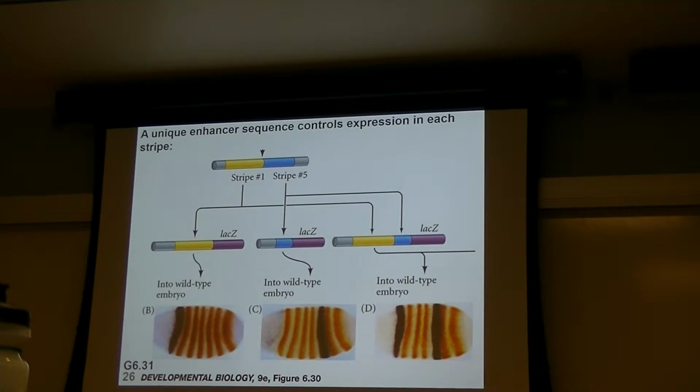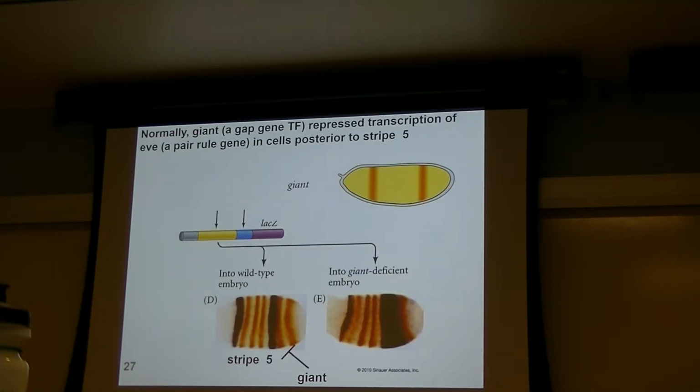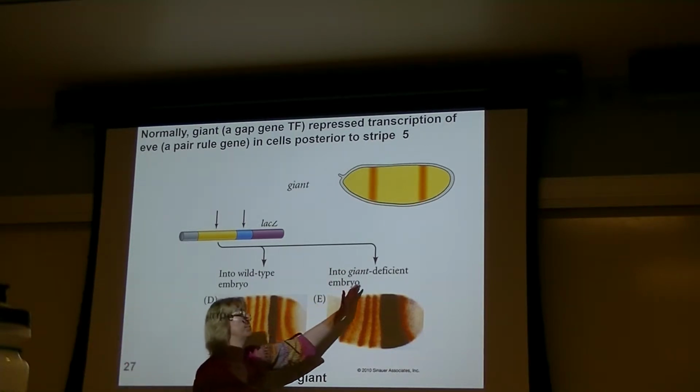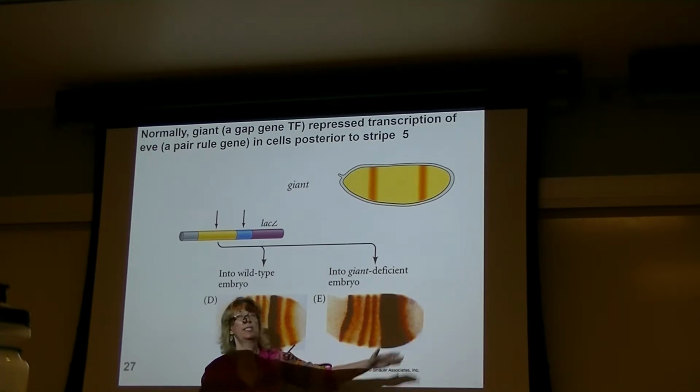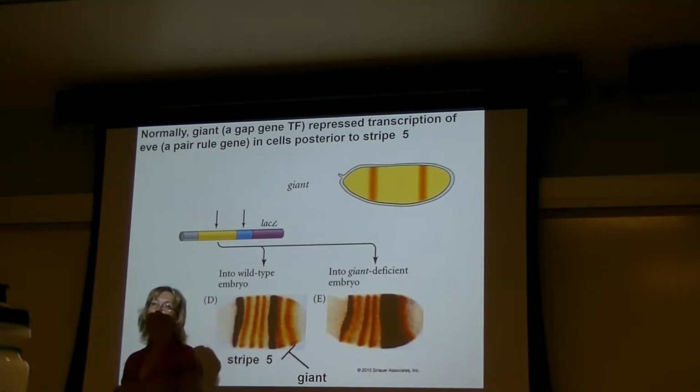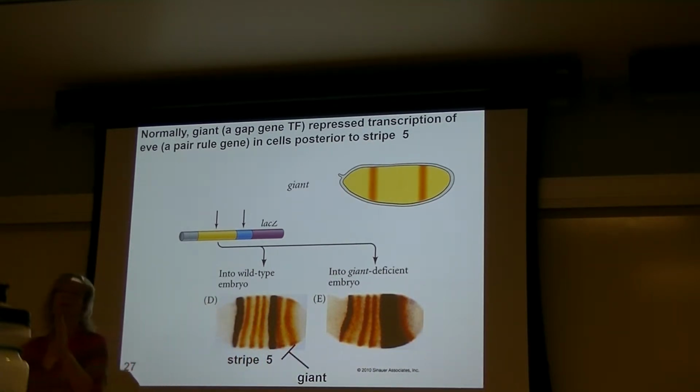We could also take this same construct and put it in a mutant background. Here's a case where we're missing the wild type contribution of giant, which is one of the regulators of expression in the posterior domains. In giant deficient embryos, we've lost one of the constraints for expression in that territory, and we've seen an expansion of the stripe 5 to quite a wide width.